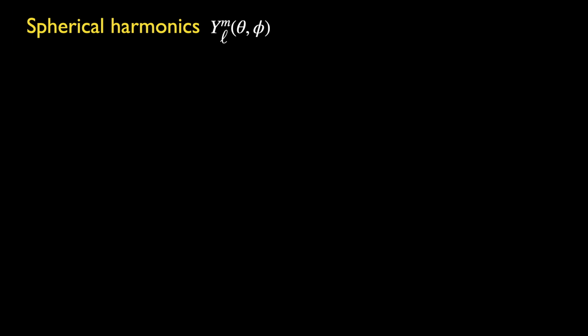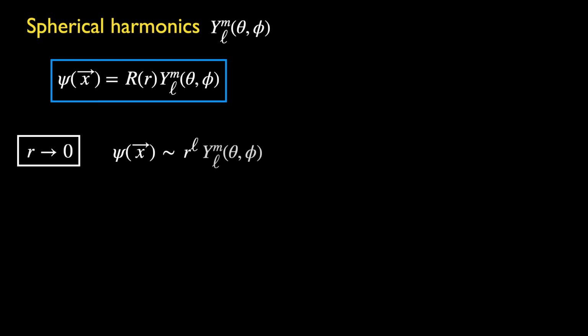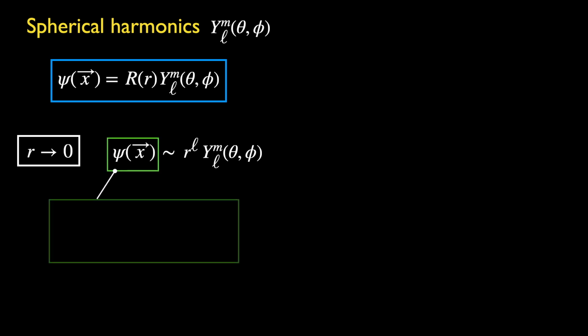We start with the full shared wave function psi. Once again, it would be instructive to examine this in the region where r approaches 0. As explained earlier, the term that would dominate in this region in the expansion of the radial function would be the lowest power in r, and L is just the value of this power. Let's look at an equivalent power series expansion of psi in Cartesian coordinates.